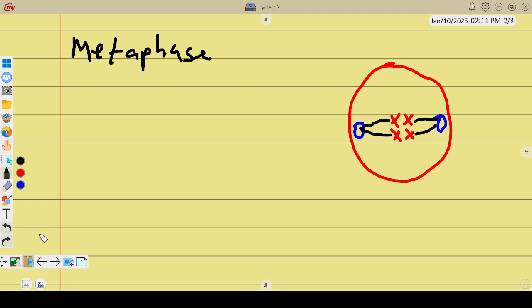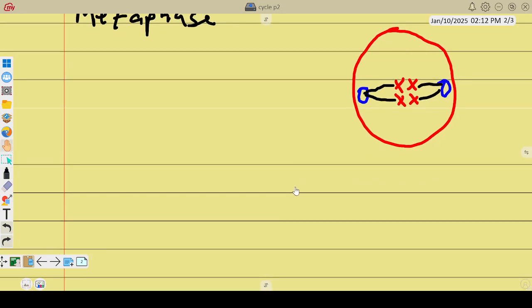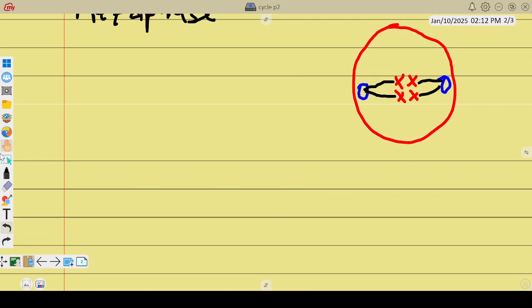The most important thing you have to know on metaphase is that this is where chromosomes are aligned at the equator, at the metaphase plate. Let me use a different ink.